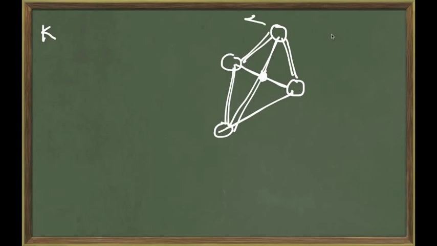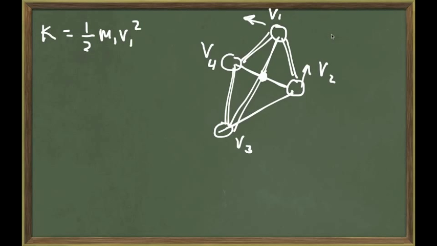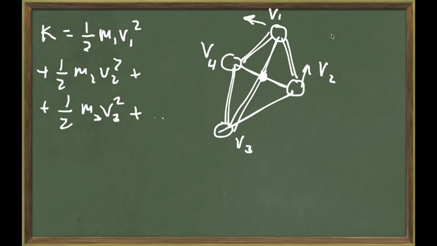Each one of these objects had a velocity, but those velocities are all connected. The kinetic energy of the object is 1/2 of m1v1 squared plus 1/2 m2v2 squared plus 1/2 of m3v3 squared, and so on.